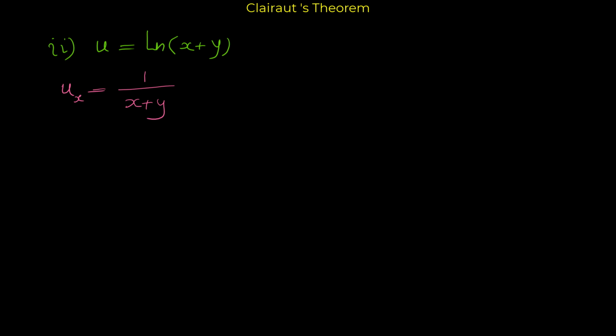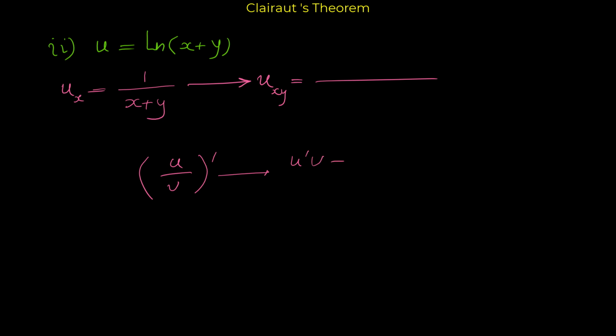Now from this, we have to take the derivative again, now with respect to y, because we want to find uxy, the mixed partial derivative. For finding the derivative of 1 over x plus y, you have to remember the quotient rule. Let me remind you of the quotient rule. (u over v)' is (u'v minus uv') over v squared.